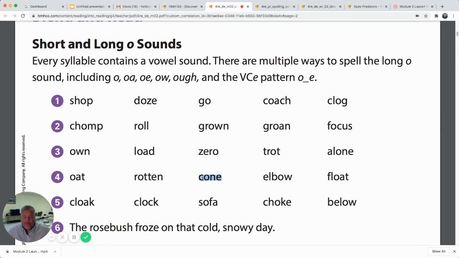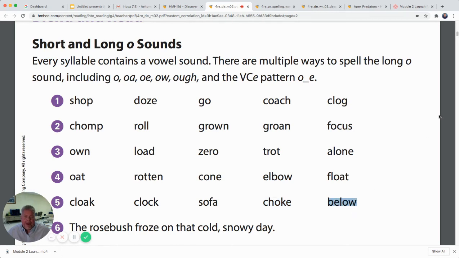Long O. O consonant E. Elbow. OW. Float. OA. Cloak. OA. Clock. That's a short O. Sofa. O by itself. Choke. O consonant E pattern.